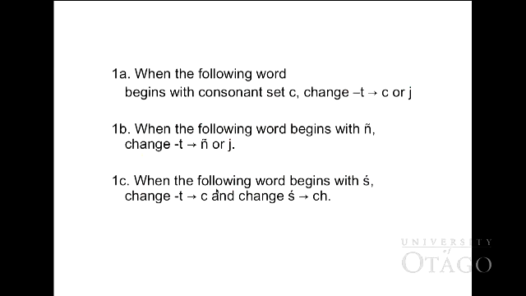When the following word begins with consonant set c, change T to c or j. And when the following word begins with y, change T to y or j. When the following word begins with ś, change T to c and change ś to ch.